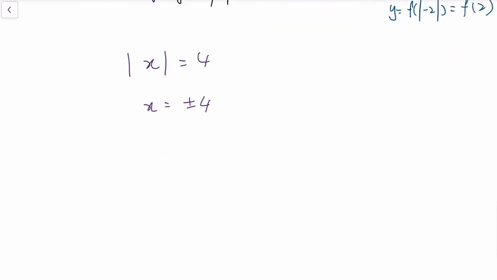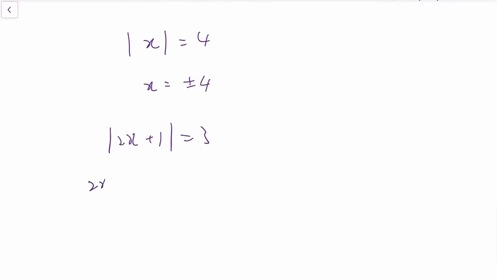So a similar idea could be applied to other absolute equations, like |2x + 1| = 3. Then we'll have 2x + 1 being 3, or 2x + 1 equals negative 3. Then you can solve each side rather easily.